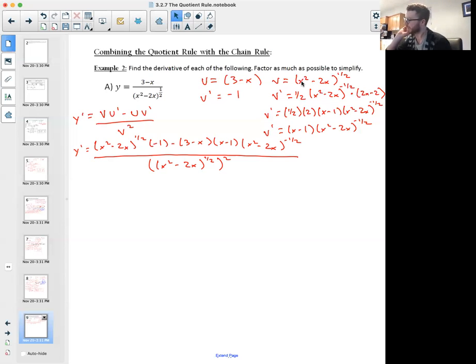So we don't really have any coefficients to pull out front other than that -1. But now we need to ask ourselves, what is our GCF?